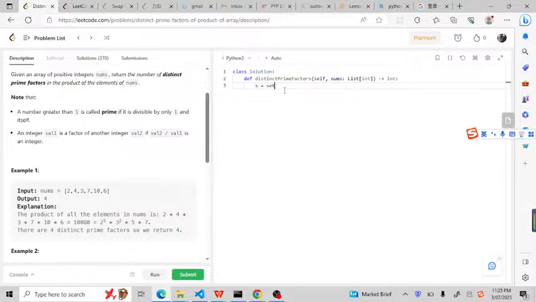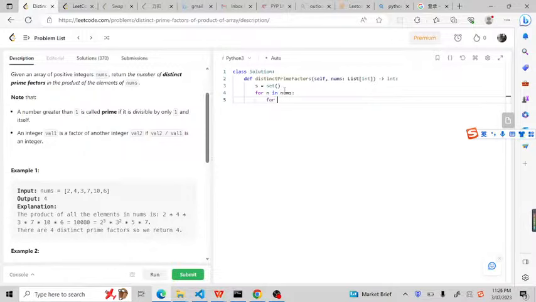We need to have a set, and then we need to check the numbers, for n in nums. So n is a number, and then we can check the prime factors.